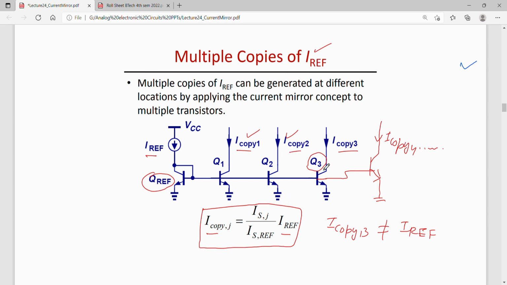I mean, this current, that is maybe I copy 3, can be greater than Iref and can be less than Iref also, depending upon this ratio. If the saturation current of the third transistor is larger than the reference transistor saturation current, then I copy can be larger than the reference current.